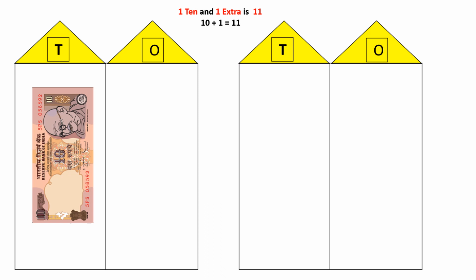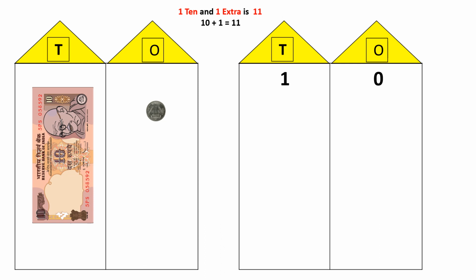No. So it is only 10. 1 ten. Now we have to make it 11. So knock knock, knock knock. 1 rupee coin extra we need. So 1 rupee coin comes in one's house.